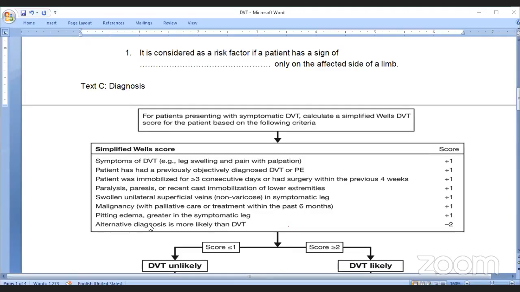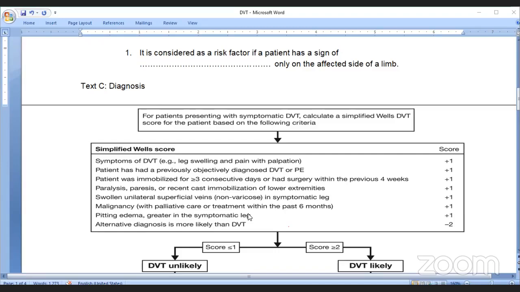It means it is in both legs. In one, it is, and the affected one is a little bit more than the non-affected one, but overall it is in both. So out of these two, I will go for this because it is only or mainly in the symptomatic leg. Pitting edema is in both of them. Greater in symptomatic leg means both legs have edema, and one leg has greater edema, the symptomatic one, but both of them have.